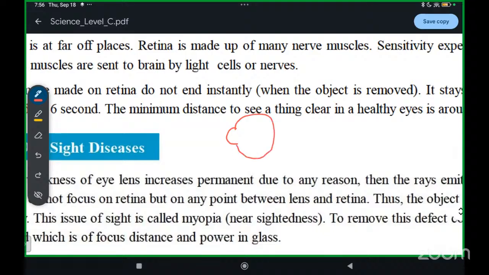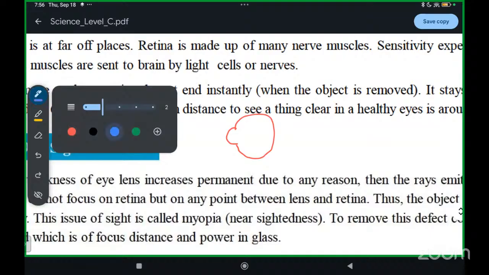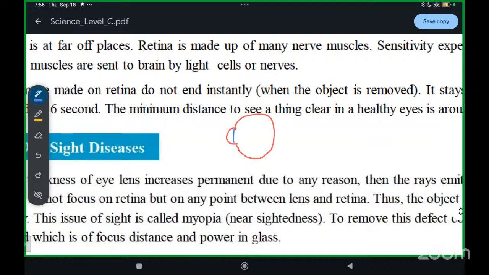Suppose this is the eye, and the blue thing is the lens.